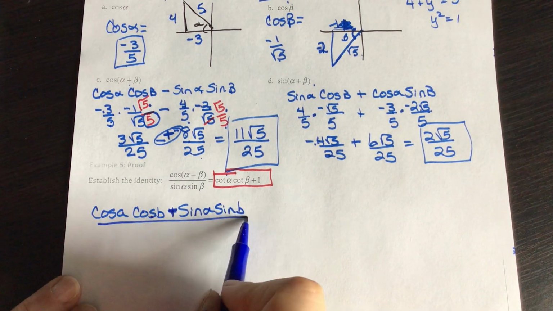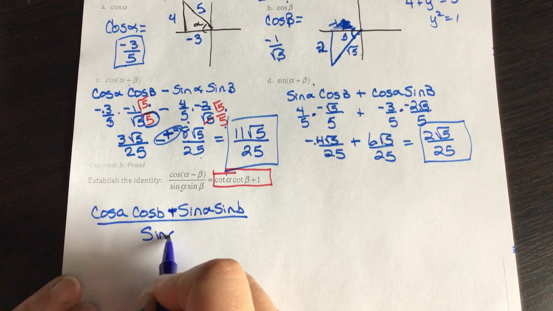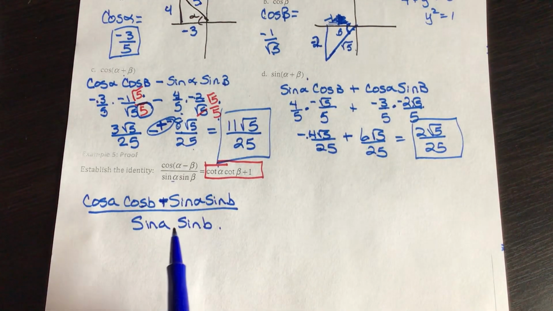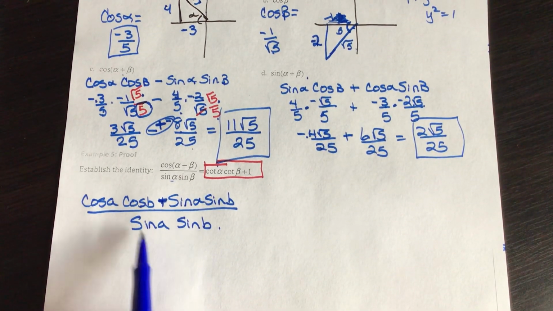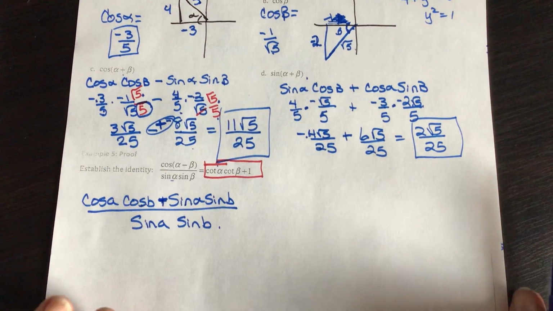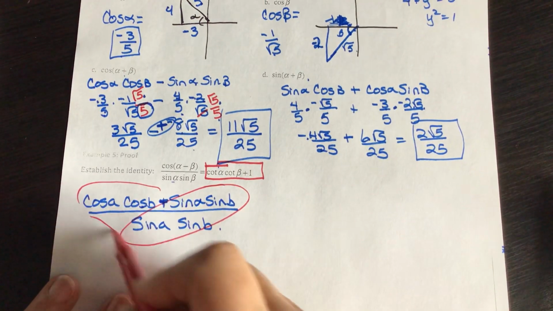On the denominator, I'm just going to keep sine a and sine b. All right, so when I just have factors on the denominator, I can actually split this up into 2 parts.